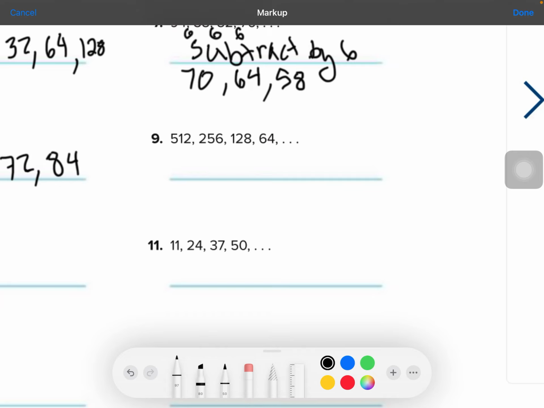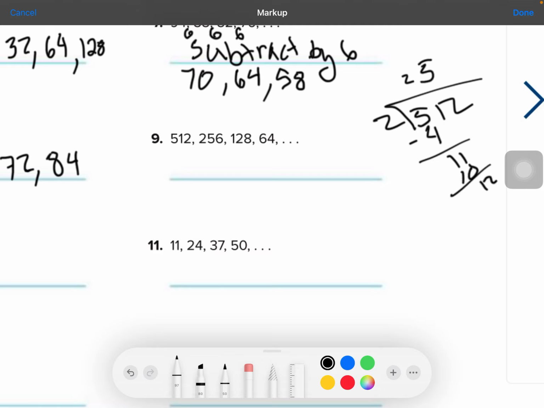Okay, number 9. They are definitely getting drastically smaller as they're going to the right. And it looks like it's about in half, but let's try some division and see. 2 will go into 5 at least twice, and we'll do it 5 times. Okay, 256, yep.